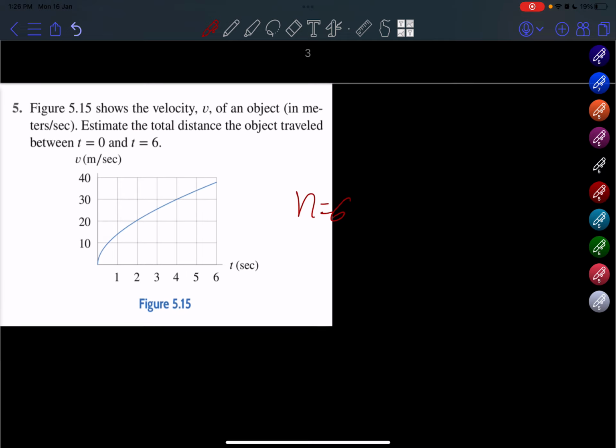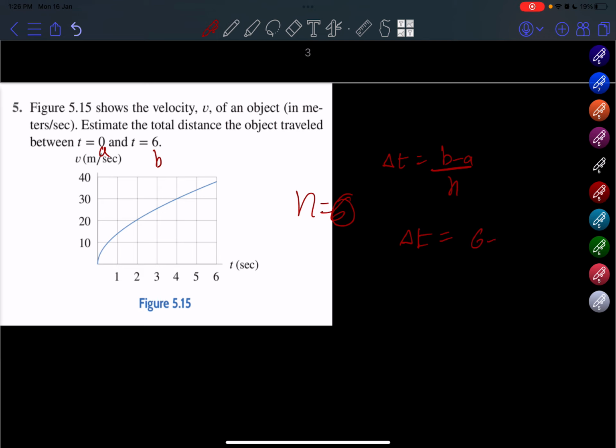I don't know why they haven't mentioned it, but delta t is equal to (b minus a) over n. This is a, this is b, so delta t is equal to (6 minus 0) over 6, which is essentially 6 over 6, aka 1. So our width will be 1, and we will have 6 rectangles.